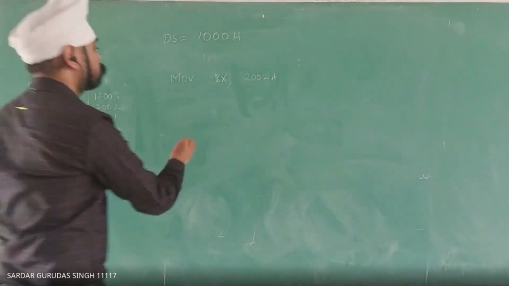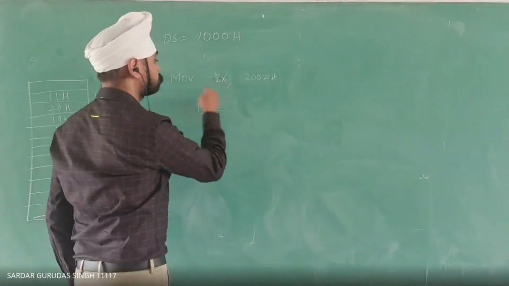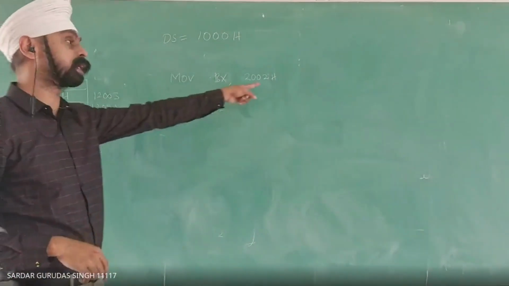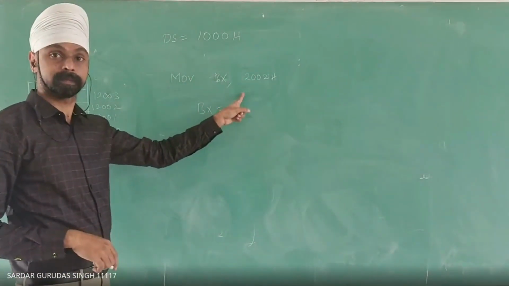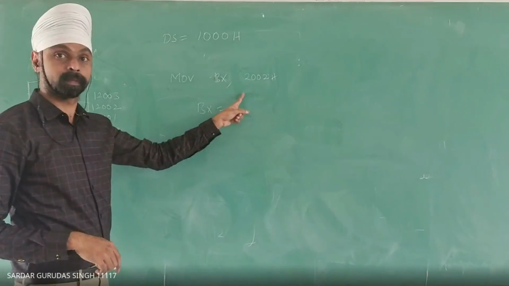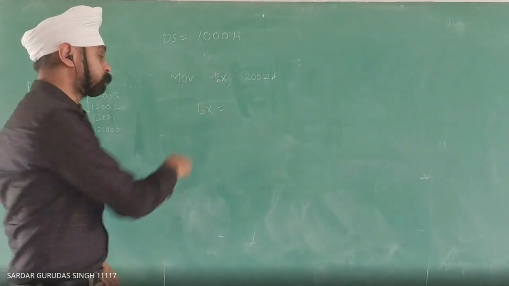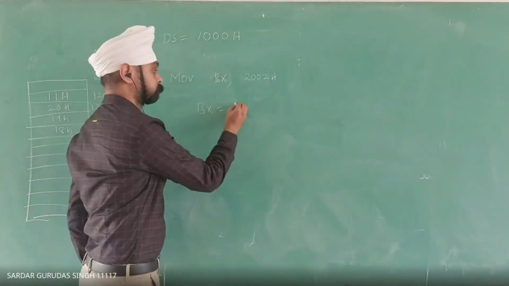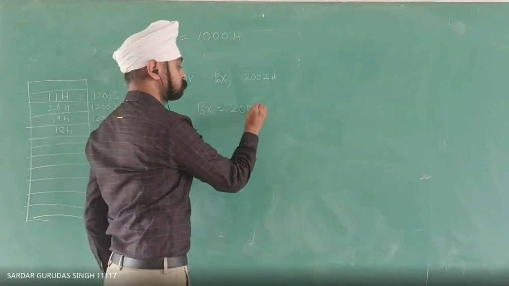In the sense, now what will be the content of the BX if you write the instruction like this? 200H.